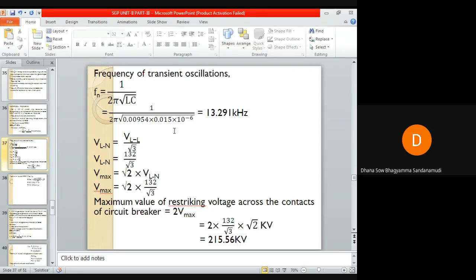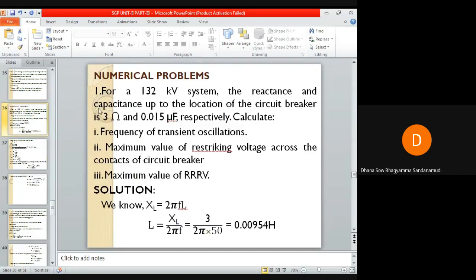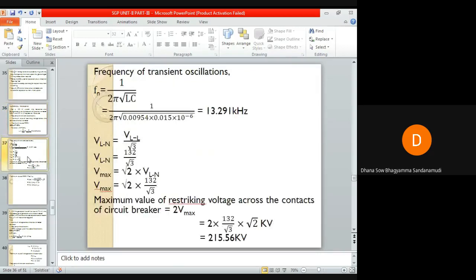Now the system voltage is given, that is 132 kilovolts. It is the line to line voltage. You can determine the line to neutral voltage from it: line to neutral voltage is line to line voltage by root 3, so 132 by root 3.